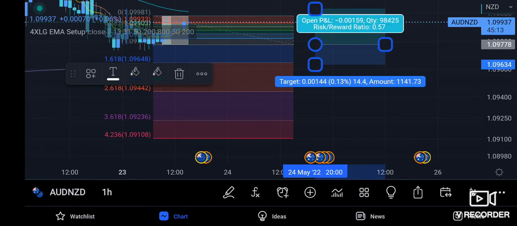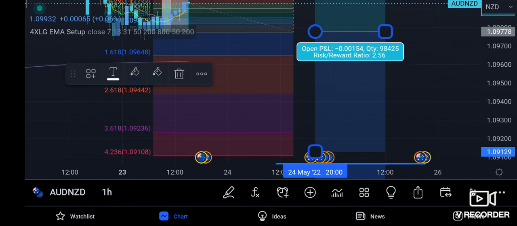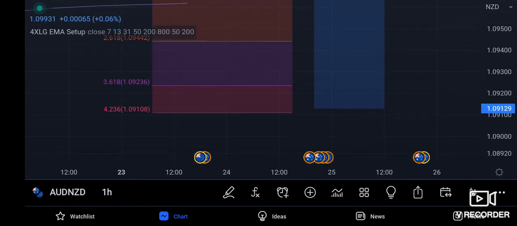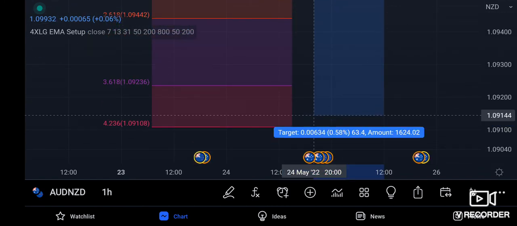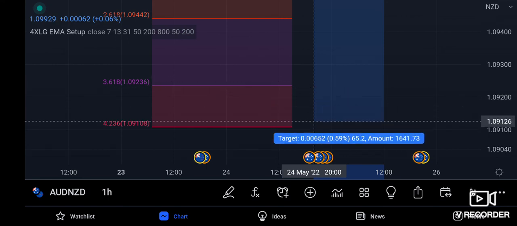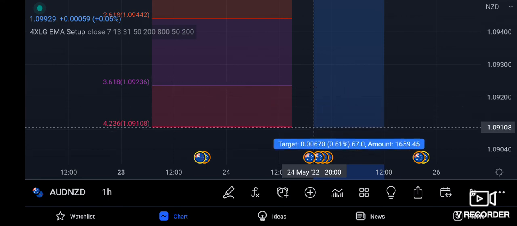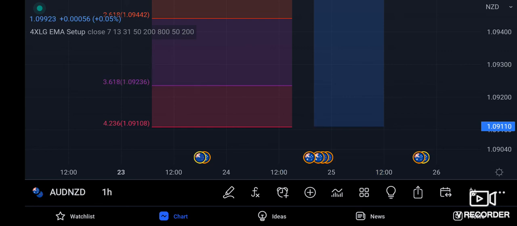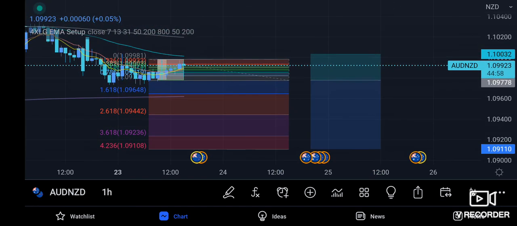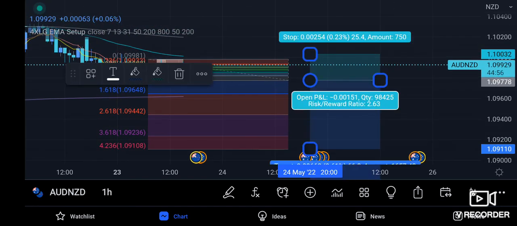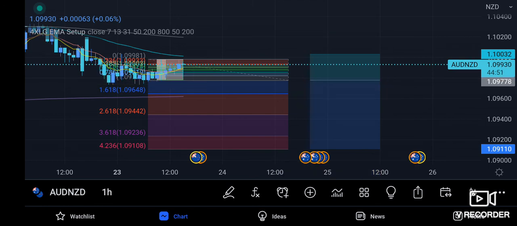But we're going to do a sell stop. That's 66 pips. That's a nice trade, and it's a 2.6 to 1 trade. You always want to trade at least 2 to 1. Now, how I trade, as I mentioned before, I just like to grab 10 pips at a time and secure pips.